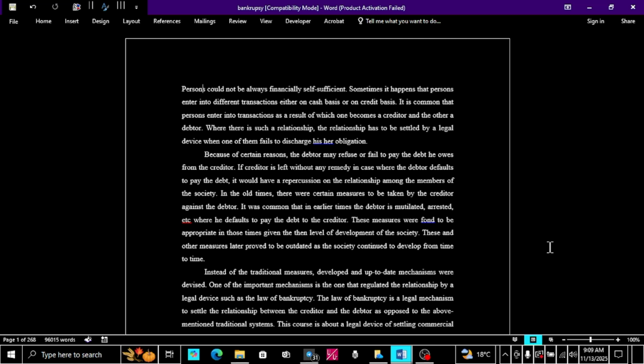Okay, the next one is navigating word by word.